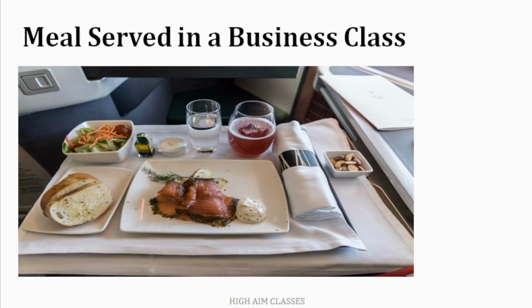So here is an example of a meal served in business class. You get good food, good in the sense you get exotic foods, like here we have salmon, bread, and salad with dressing separate, and we have some juice.